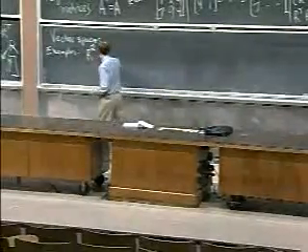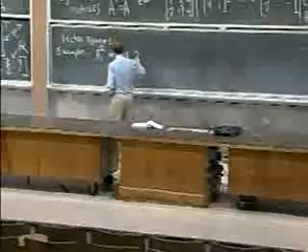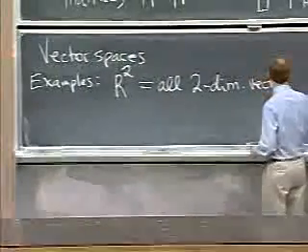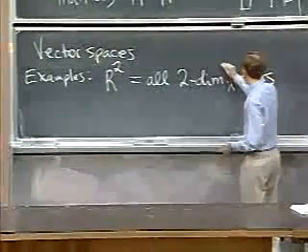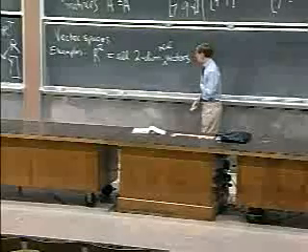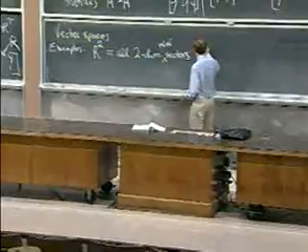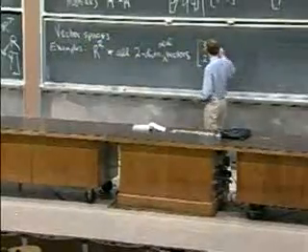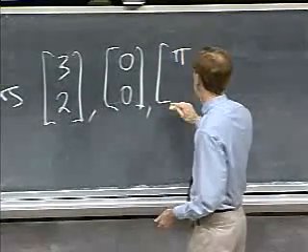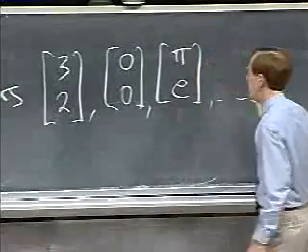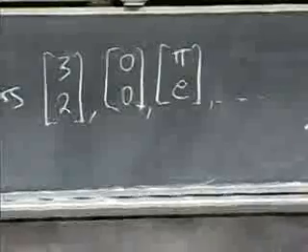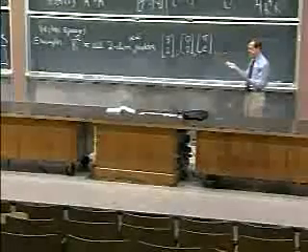So this is all two-dimensional real vectors, such as, well, I'm not going to be able to list them all, but let me put a few down: (3, 2), (0, 0), (pi, e), and so on.